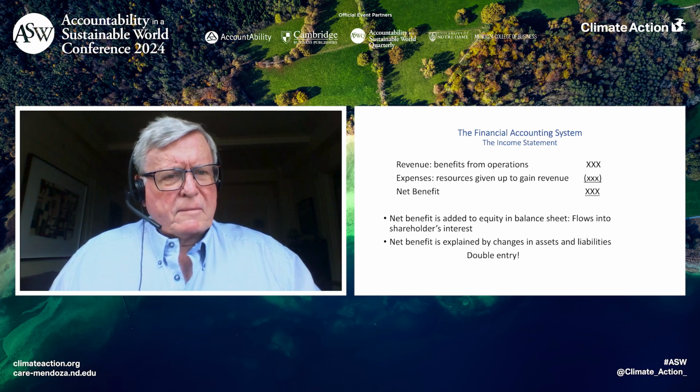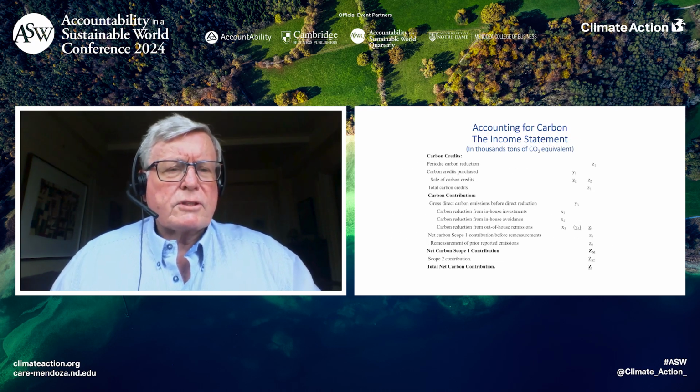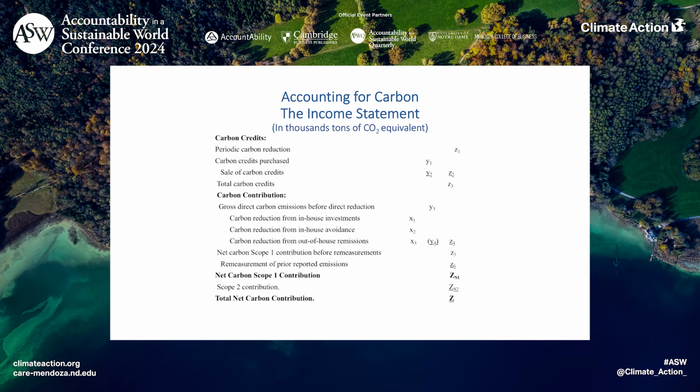However, it is going to be in equivalent units of CO2 emissions, where the benefits are the benefits that a firm or an entity provides in terms of reducing carbon, and the expenses are their generation of carbon, with the net number being their net generation of carbon or the net reduction in carbon.